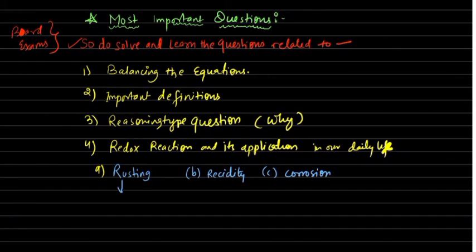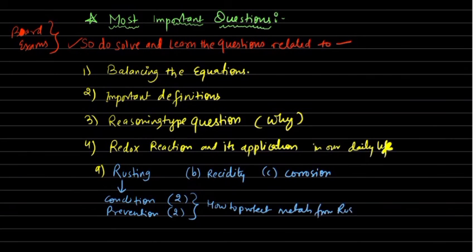In rusting, the conditions due to which rusting occurs, and the prevention, you need to write two conditions of prevention, that is, how to protect metals from rusting. So this is all about it.